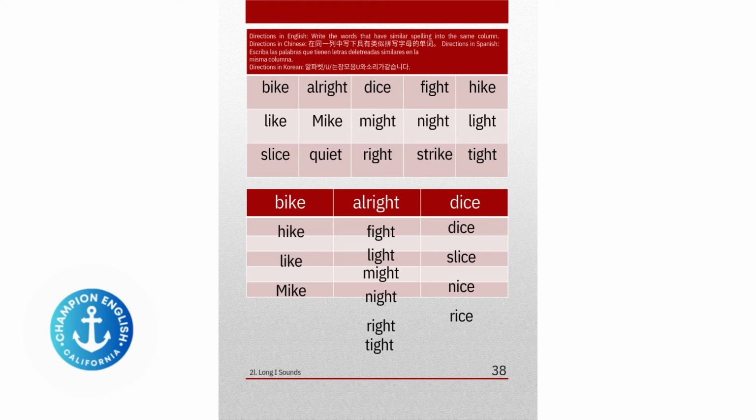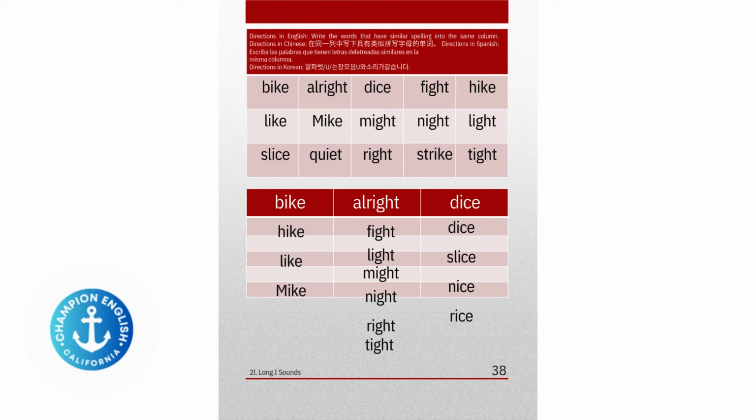Can we say that together? All right. So you should have fight, light, might, night, right, and light. In the third column, we have dice.